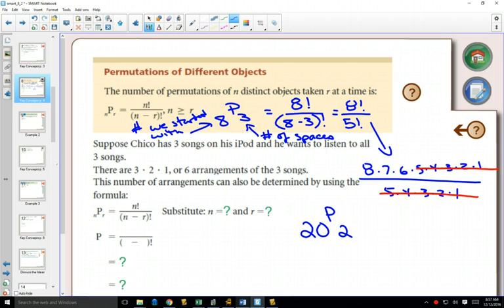But according to the formula, you would have 20 factorial over 20 minus 2 factorial. What I said with factorials is you have to be able to expand them. But in this case, can you see that writing 20 factorial out could take a long time? And we have 20 factorial over 18 factorial.